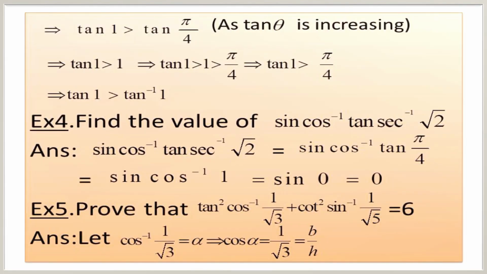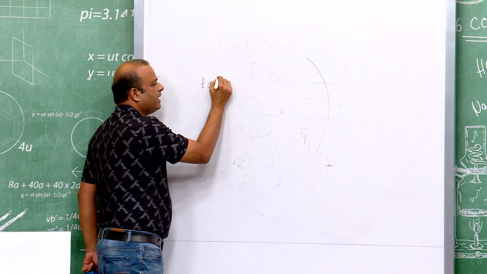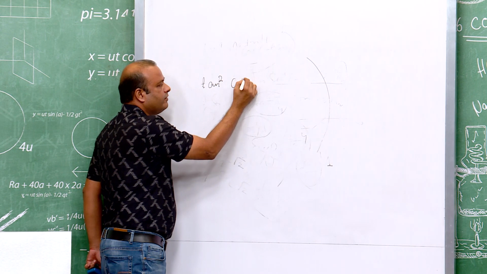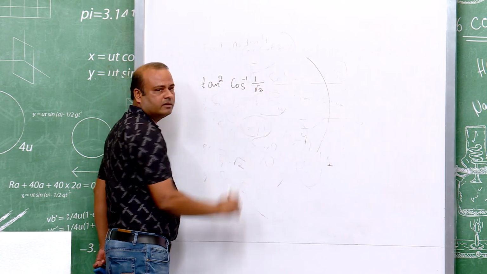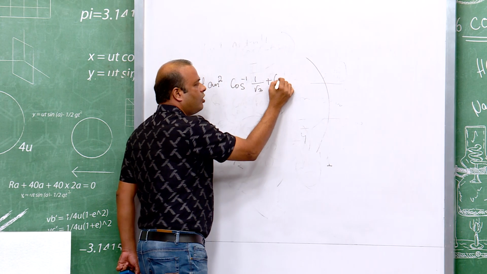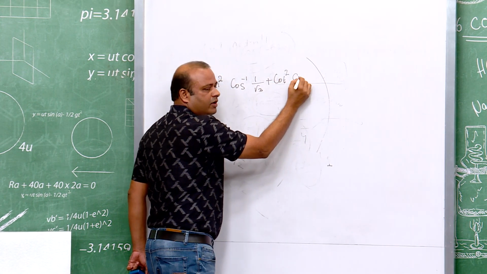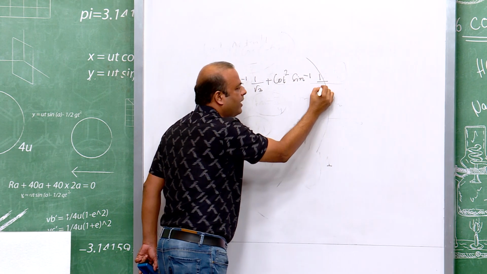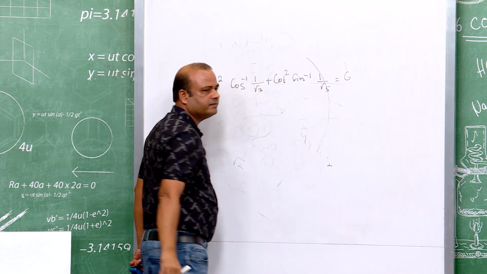Next, prove that tan square cos inverse 1 by root 3 plus cot square sin inverse 1 by root 5 is equal to 6. The next one is tan square cos inverse 1 by root 3 plus cot square sin inverse 1 by root 5 equals 6.